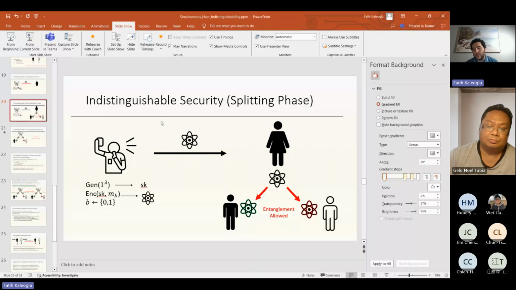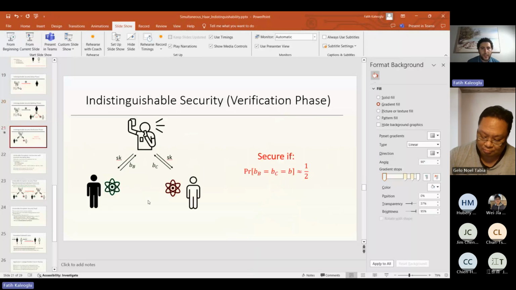But there are other examples in unclonable cryptography. If this was a quantum money scheme, then we would have a similar game, but we would ask each party to pass some quantum verification using their supposed money state. Or if it's copy protection of some functionality, then in the verification phase with the referee, we would ask each of them to evaluate the secret function on some input. Whatever the functionality of the unclonable state is, the security game looks similar.